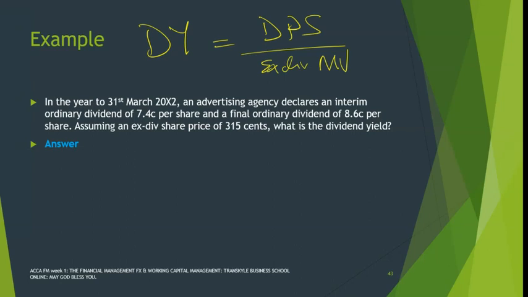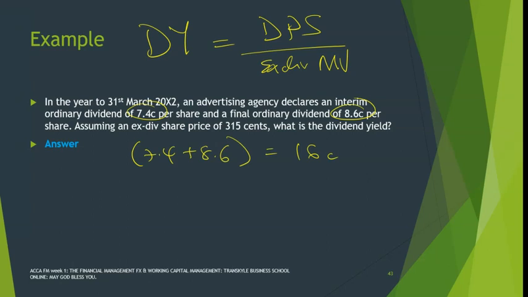We are told that there was an interim dividend of 7.4. An interim is a dividend that is paid during the year, and then there was a final dividend at the end of the year. So in total, the dividend that was paid was 7.4 plus 8.6, which is equal to 16 cents.